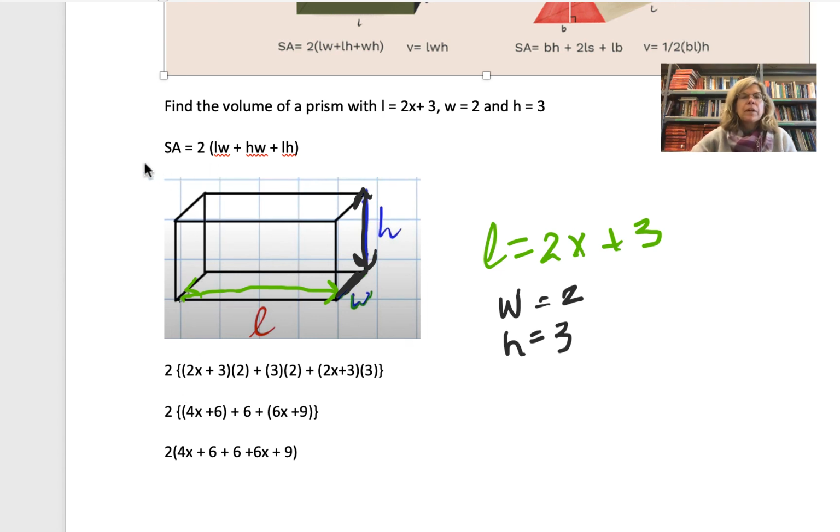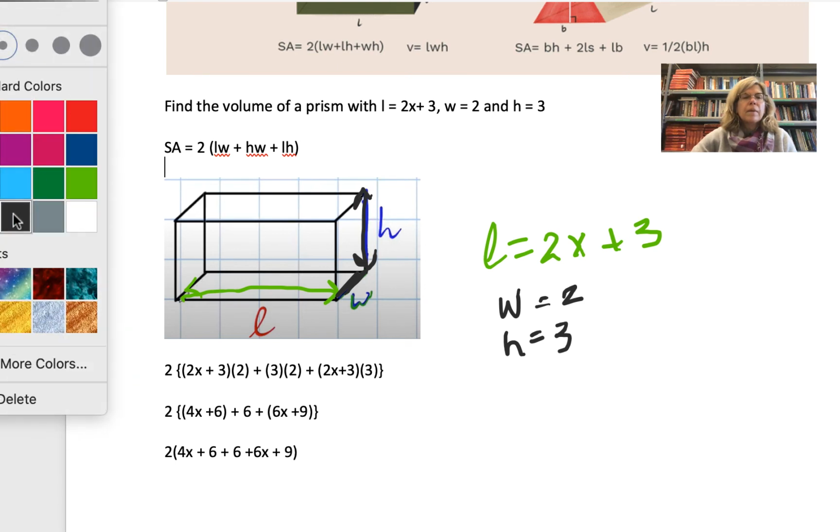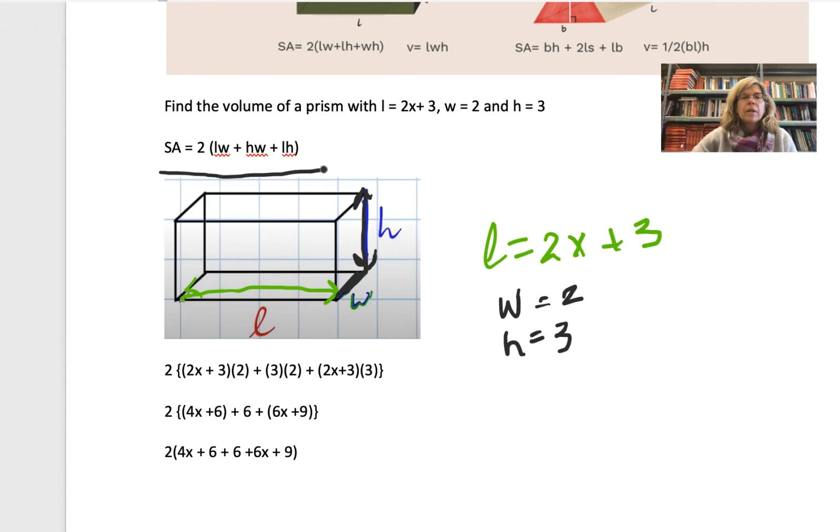So the surface area of a prism is this formula. It's 2 times the length times the width plus the height times the width plus the length times the height. So it's sort of everything all together.